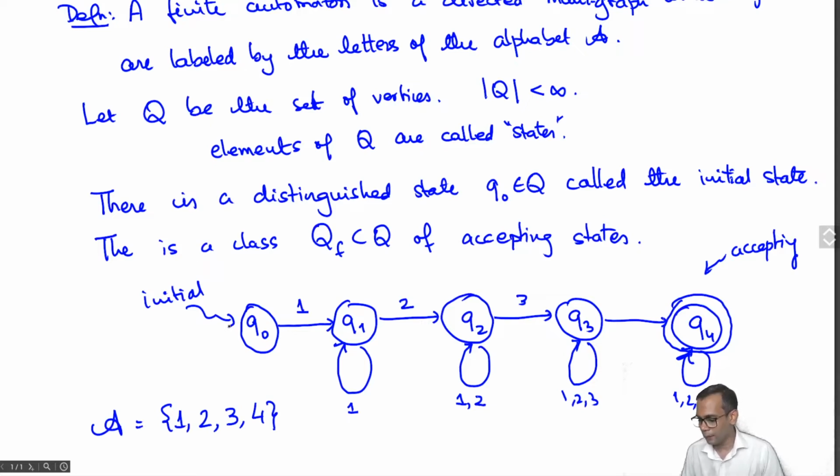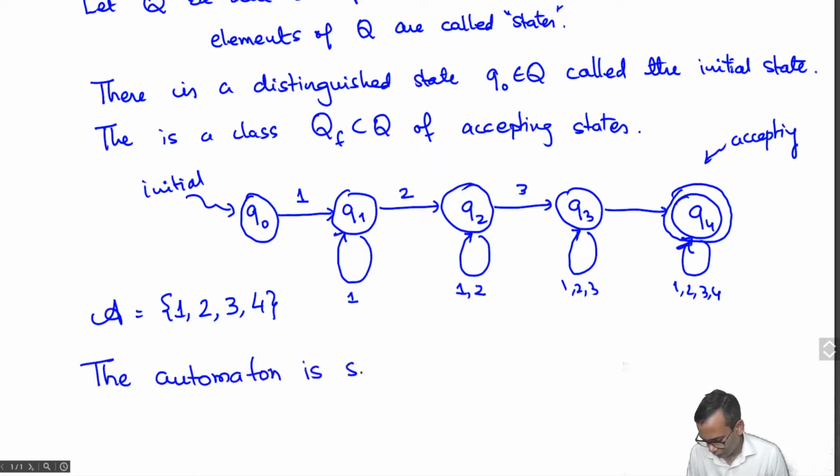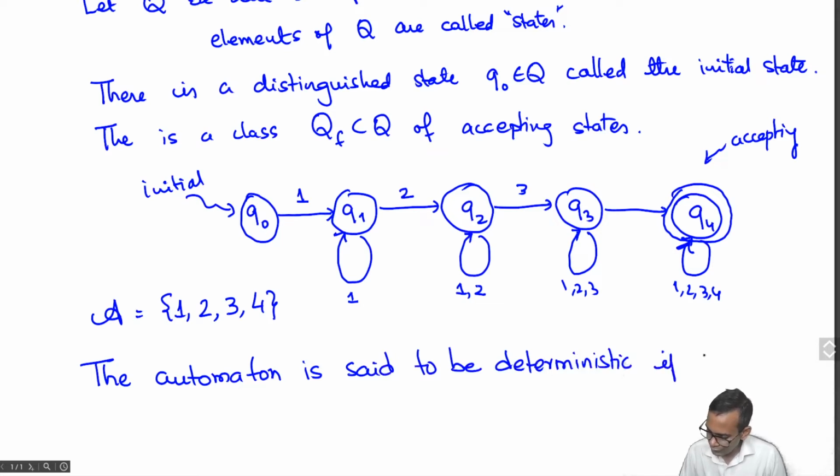Okay. The automaton is said to be deterministic if for every state there is only one out edge with any given label.